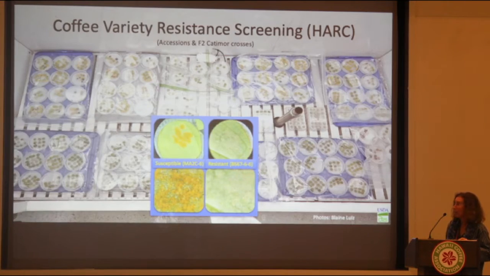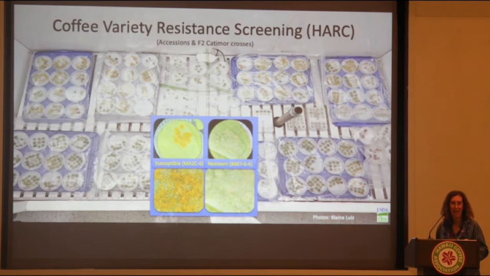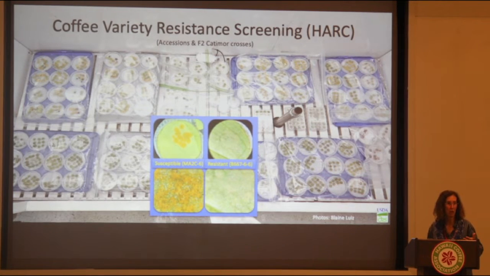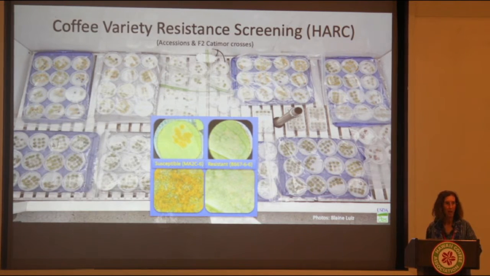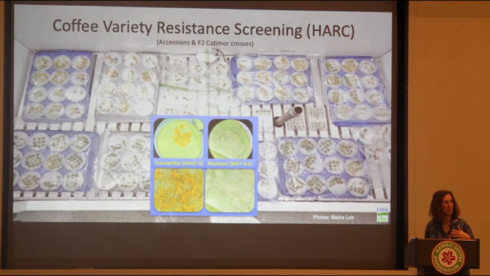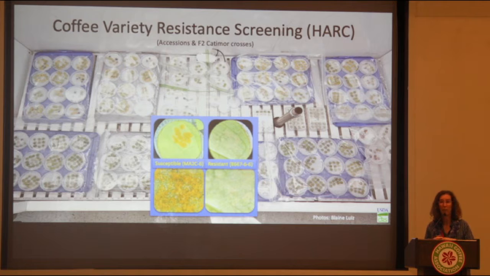So we've really scaled up and partnered with a variety of people, including HARC. This is just showing you what these leaf disc assays look like, the left being highly susceptible, the right showing good resistance. Sometimes you'll see a defense response, sometimes you won't, and we're really looking for that side of the spectrum.